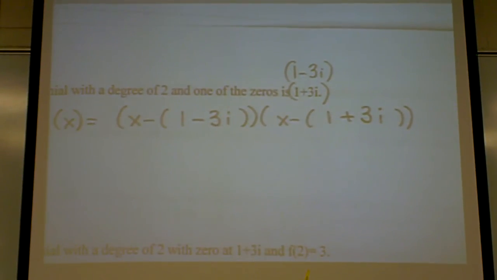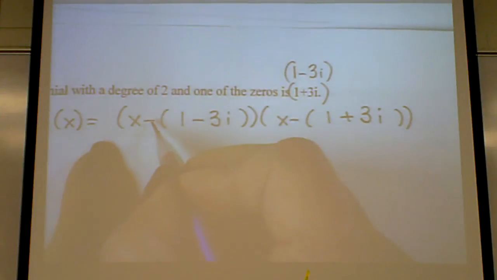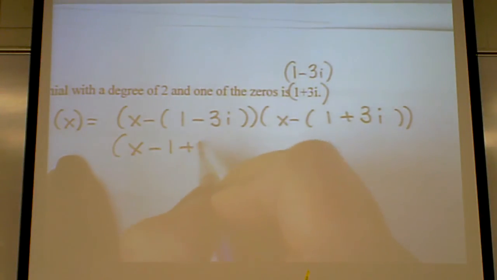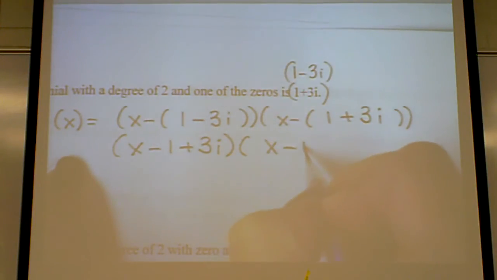Now, for you to FOIL this would be a disaster. I'm going to make it easy again for you. What you're going to do is simplify this by distributing the negative here. You're going to write x minus 1 plus 3i, and you're going to write x minus 1 minus 3i.